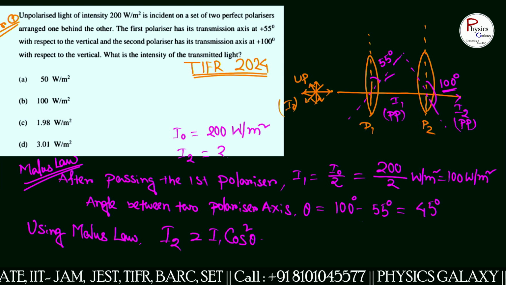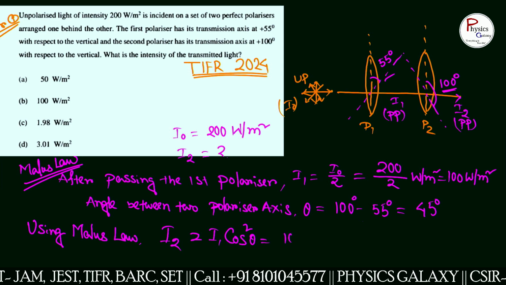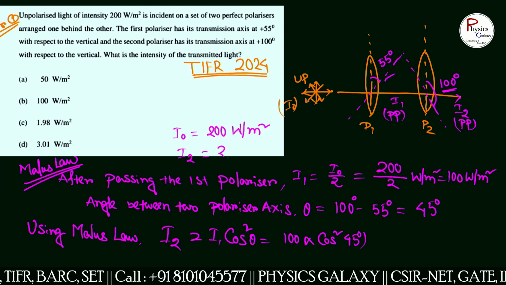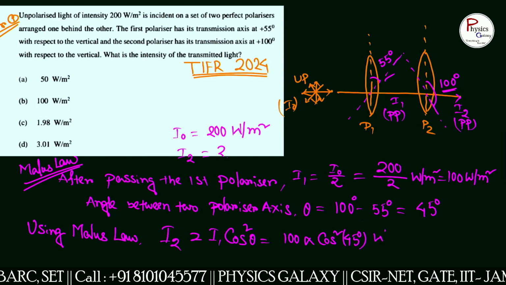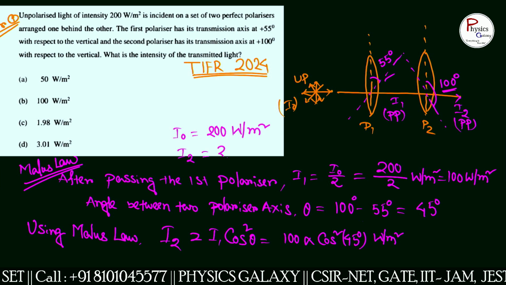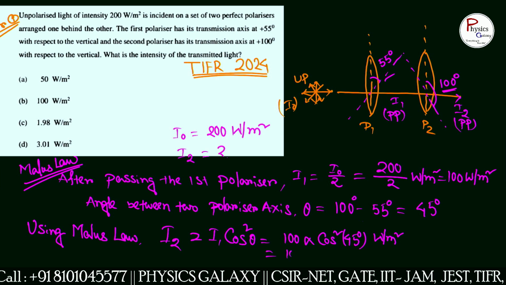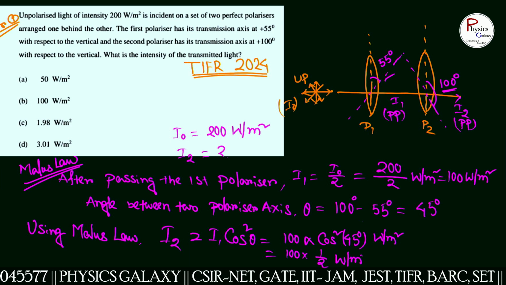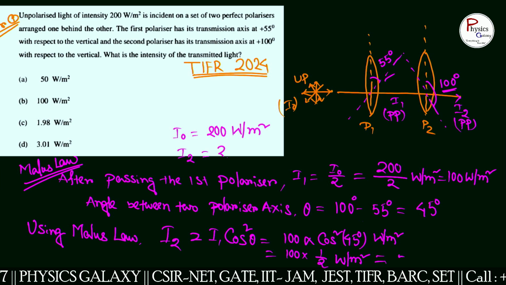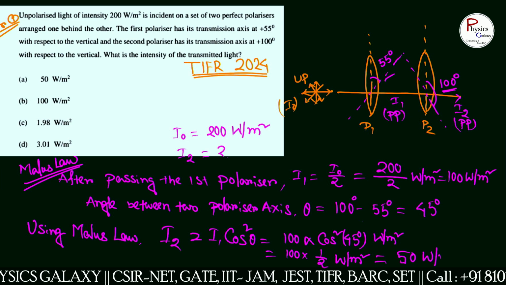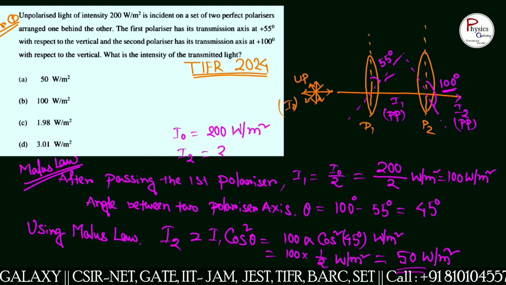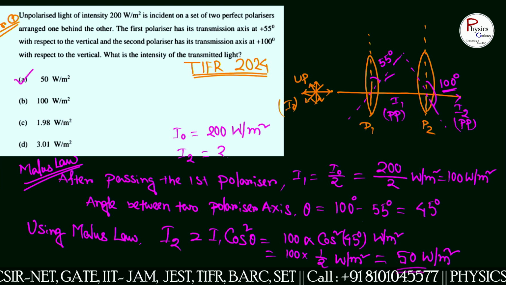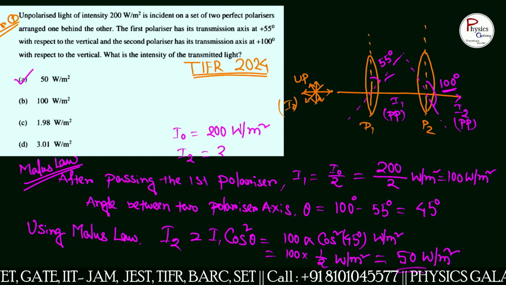I1 equals 100 watt per meter square into cos square 45 degree, which will be 100 into half, equals 50 watt per meter square, which was given in option A. So the right answer of this question was option A, 50 watt per meter square.